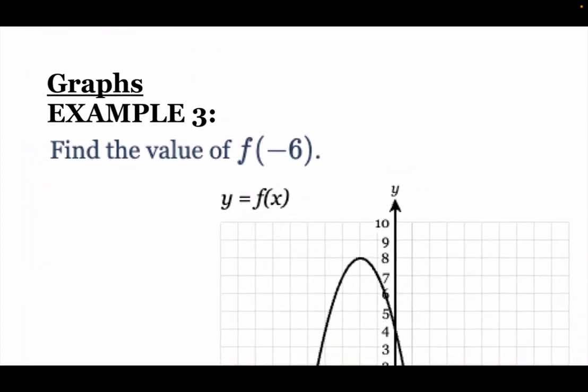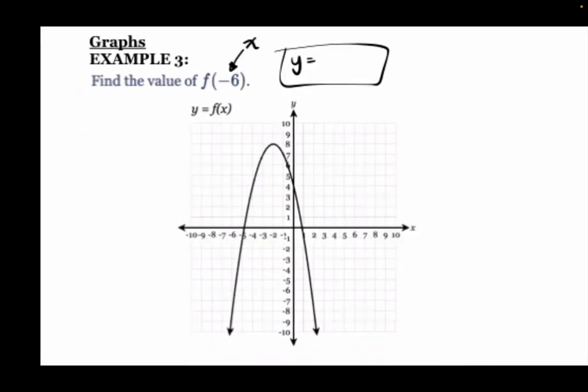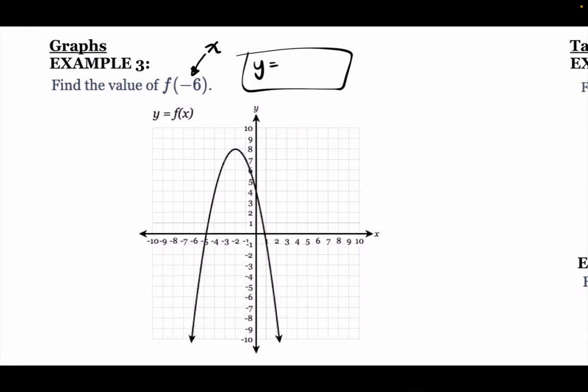I'm trying to find Y. Okay. So I know X is -6, but I have nowhere to plug it in. I just have a graph that I'm looking at. So where do I plug it in?